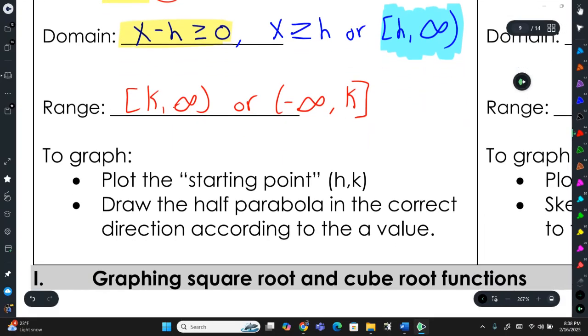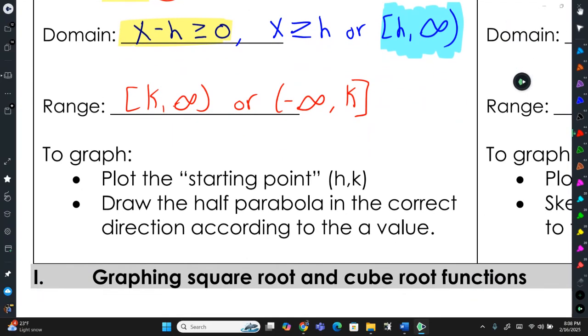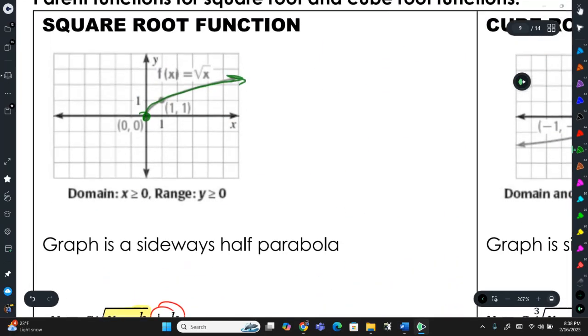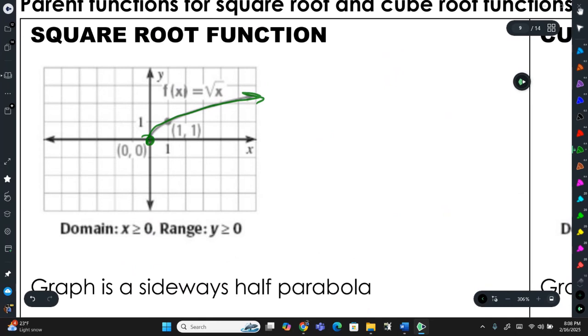To plot, we're just going to plot our h, k starting point, and then we're going to draw the half parabola the correct direction according to the a value. So if I go back up to the picture here, what's drawn here is the square root of x.